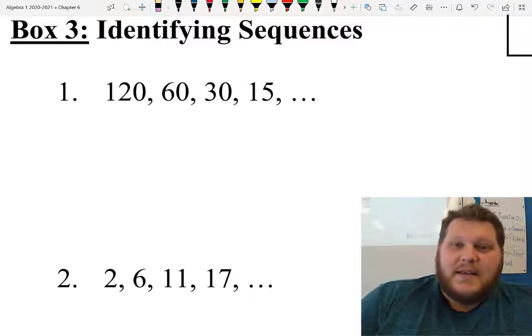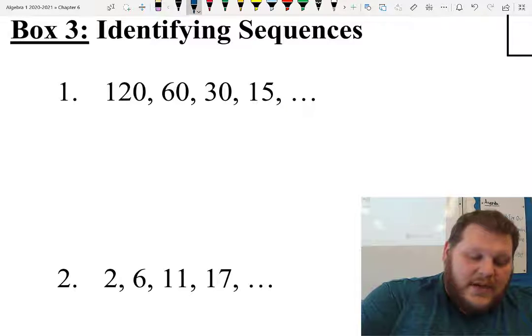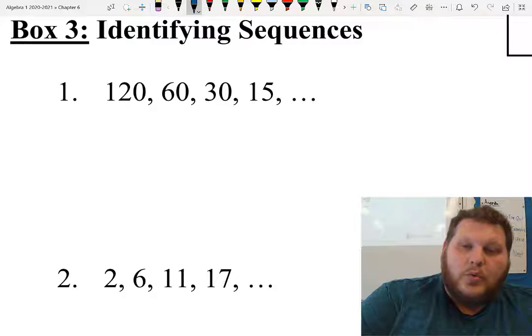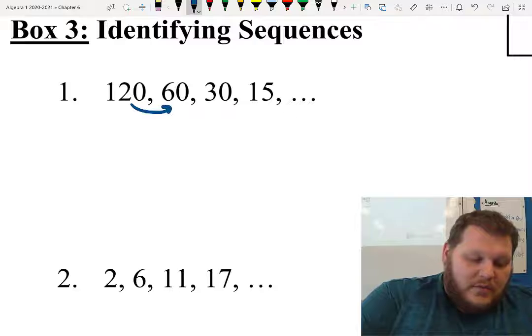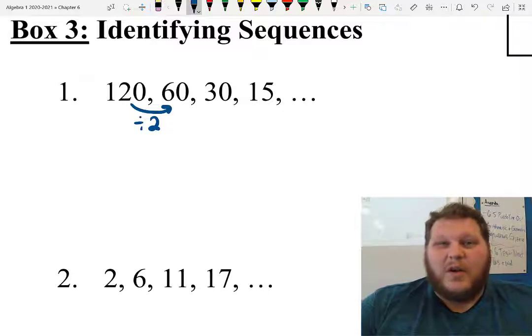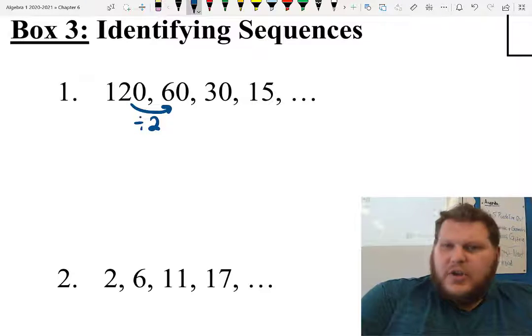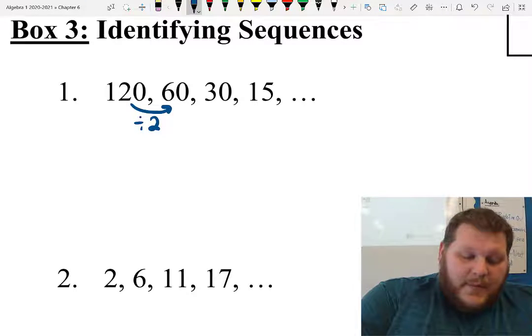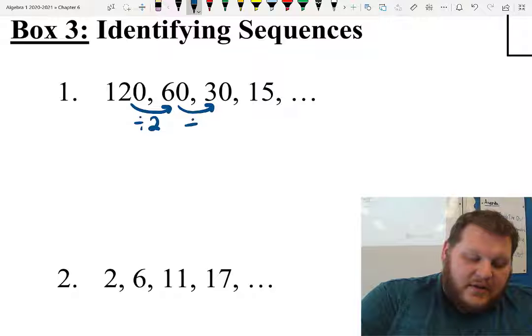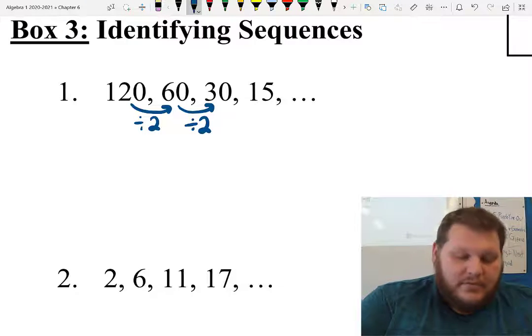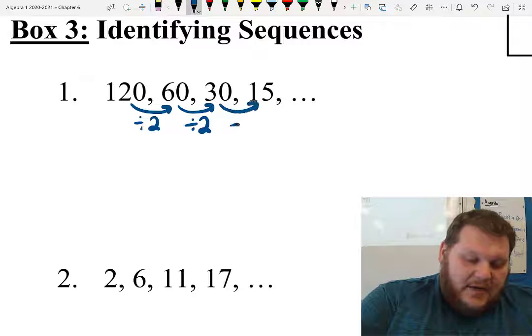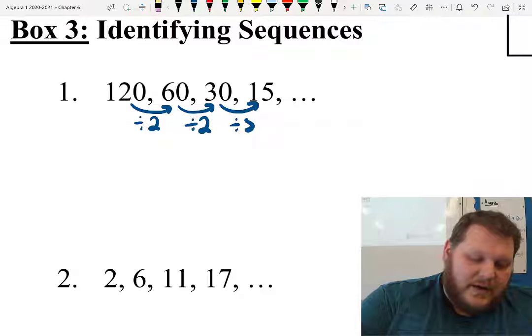What is the case here, and what I can do to get from 120 to 60, would be dividing by 2 or multiplying by half, depending on your personal preferences. And we're going to check and see, does that also work for the rest of my terms? To get from 60 down to 30, that is also a half. Half of 30 is 15.